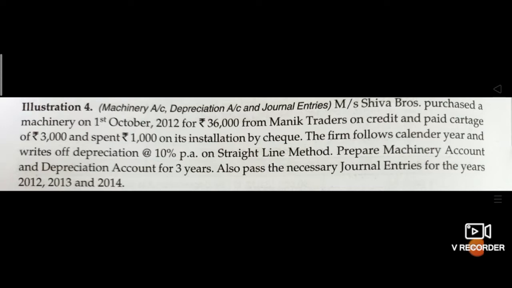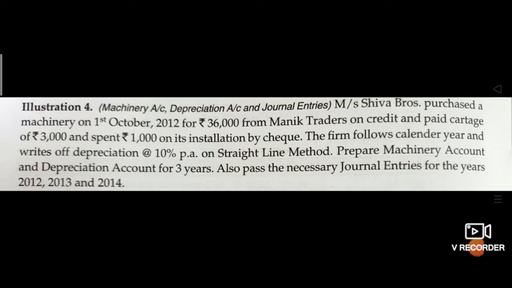See here, installation charges and cartage have been spent, and while calculating the depreciation on machinery, cartage and installation charges paid while purchasing the machinery will be added to the cost of machinery. Keep it in mind.